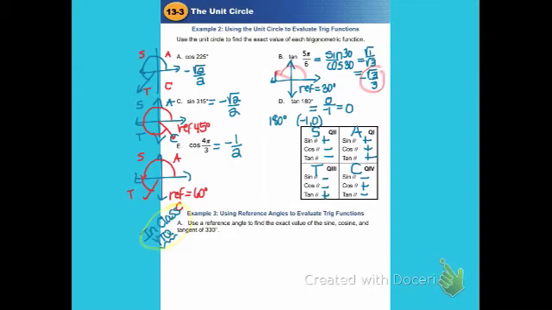Okay, so example 3 asks us to use reference angles to evaluate trig functions, which is really what we've just been doing here. And because at each one of these questions they want you to find the sine, the cosine, and the tangent, and there's actually 4 of these, there's a few more on the next page, we're going to leave these to be in-class you-try questions because we still have one more learning goal to get to.